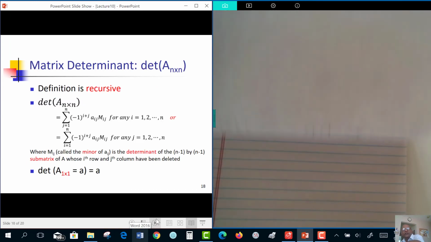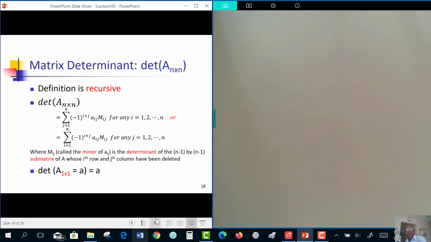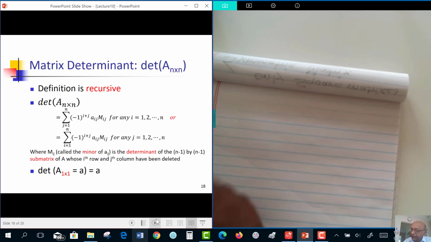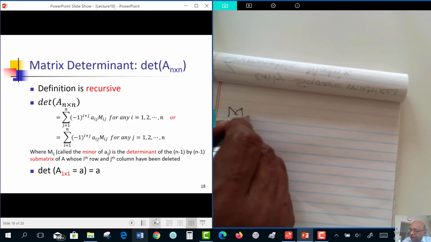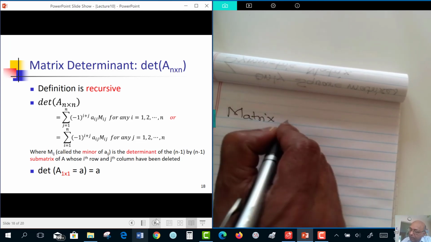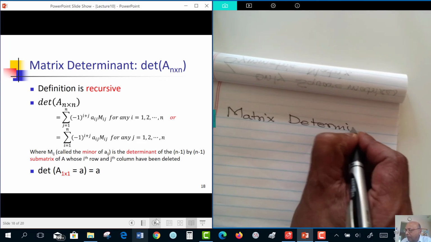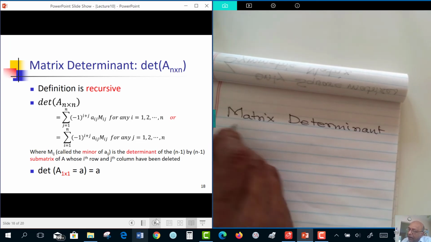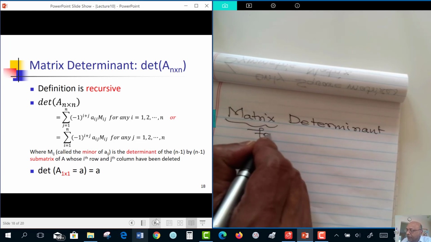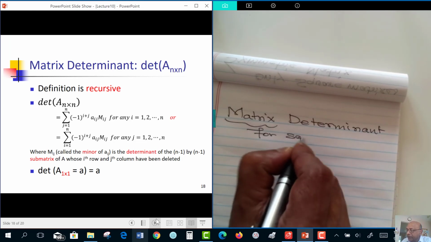Okay, the last of our properties is called the matrix determinant. And we can find the determinant only for square matrices.